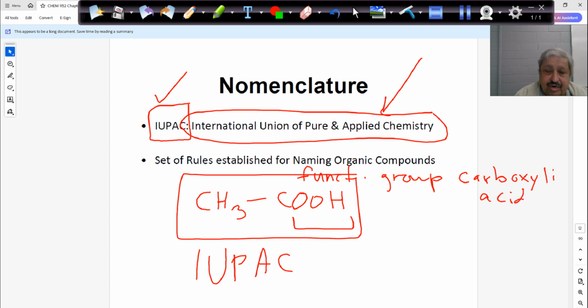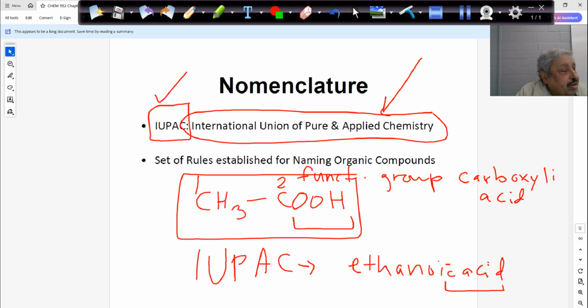So IUPAC will tell you to count the number of carbons, 1 and 2, this is eth, correct? And then you have ethane, so ethanoic acid. The oic acid is the IUPAC naming for the carboxylic acid, ethanoic acid. This is the IUPAC name structure.